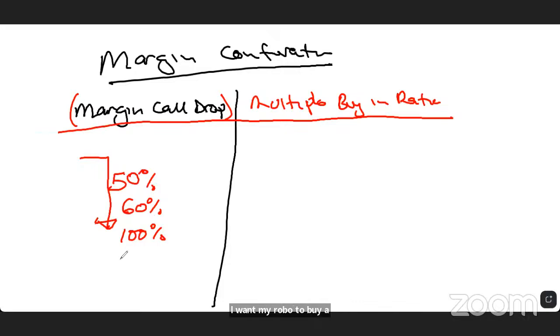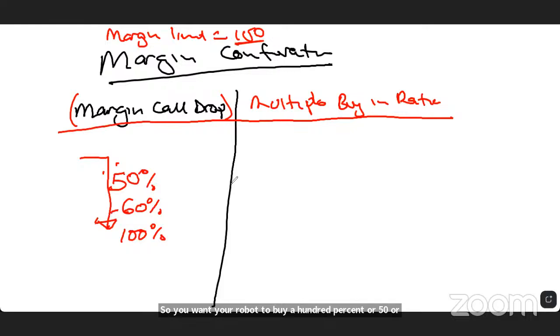Remember on the margin limit, you said my margins are 100. So you want your robot to buy 100% or 50 or 80, depending on the margins you created.